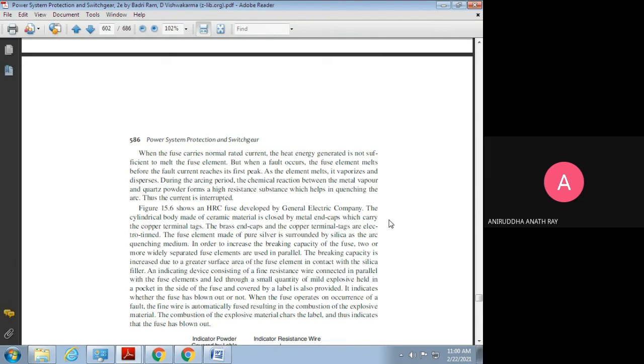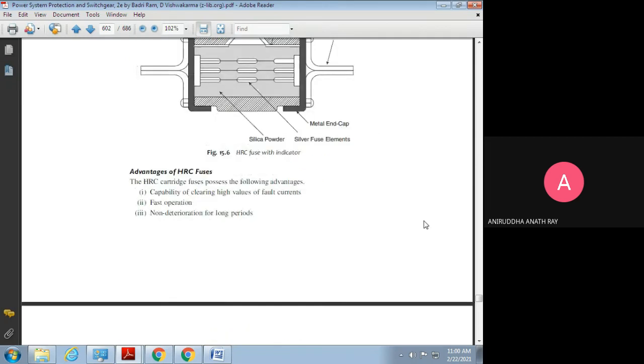But when a fault occurs, the fuse element melts before the fault current reaches its first peak. As the element melts, it vaporizes and disperses. During the arcing period, a chemical reaction takes place between the metal vapor and the quartz powder, forming a high resistance substance that helps in quenching the arc. Thus, the current is interrupted.